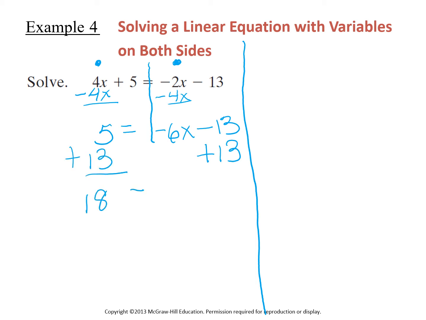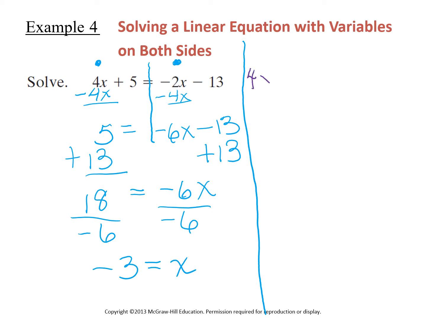So 18 equals negative 6x, and then I divide by the coefficient negative 6, and negative 3 equals x is my solution.